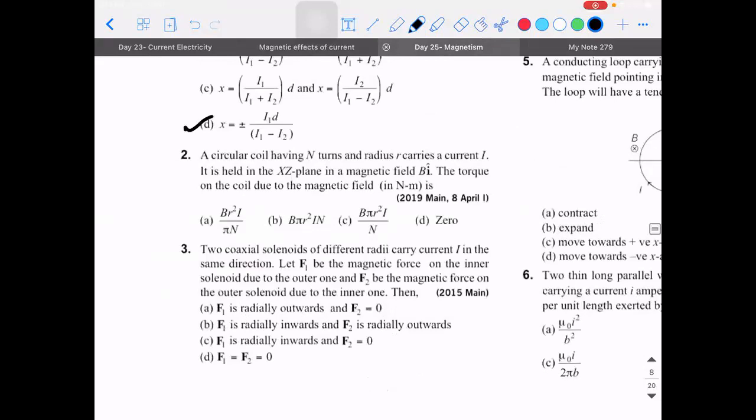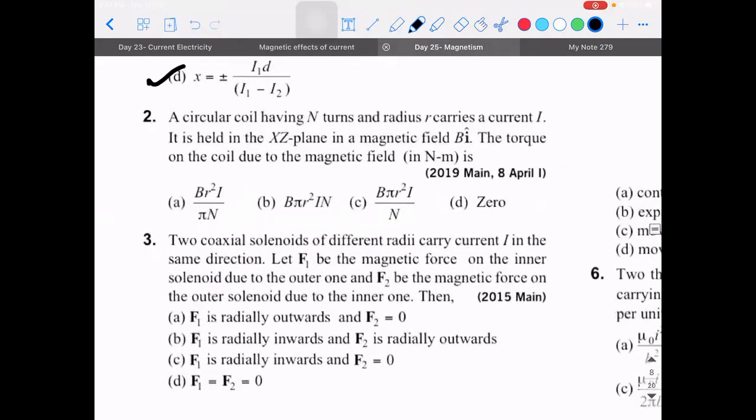Now try this out. There is a circular coil having n turns and radius r carries a current I. It is held in the XZ plane in the magnetic field which is in the direction of I, that is B i cap. The torque on the coil due to the magnetic field is.